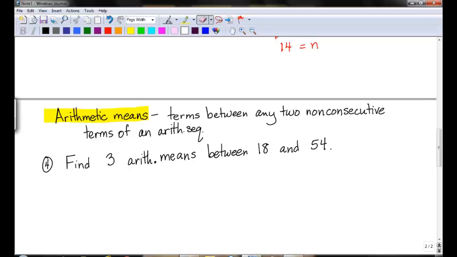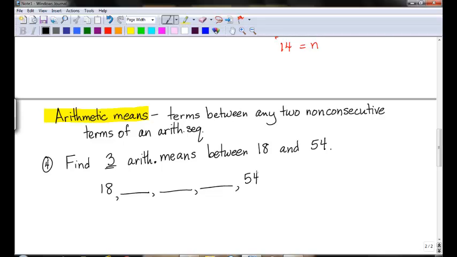Now, here's how I work this problem. I start with 18. They're asking me to find 3, so I leave 3 blanks, all separated by commas, and then I want to know what are the 3 numbers in between there that make that an arithmetic sequence.